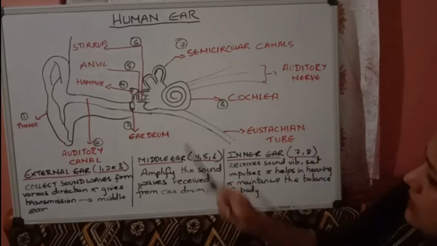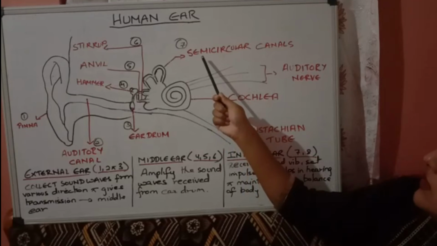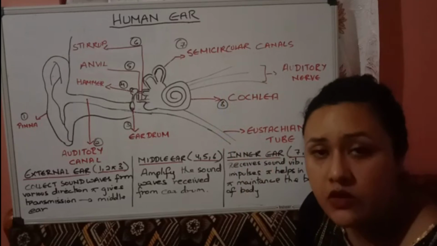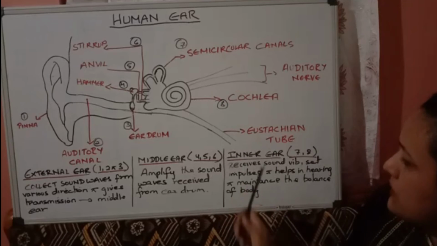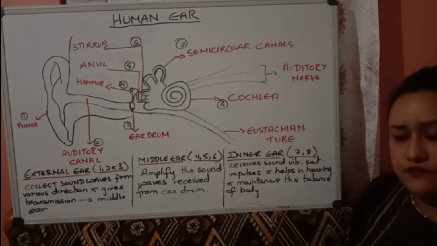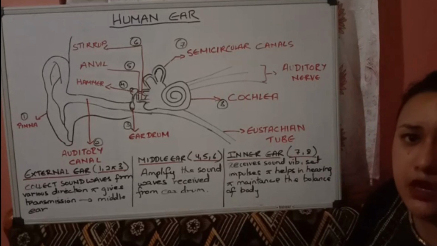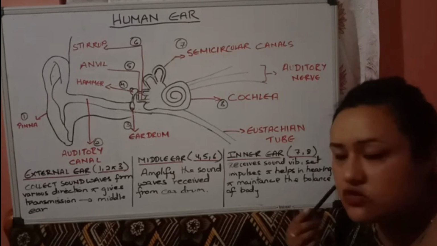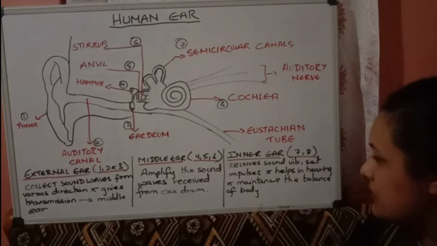Then comes the inner ear. It consists of the semicircular canals and the cochlea, and it also contains the vestibule. The main function of the inner ear is that it receives the sound vibration, sets up impulses, and helps in hearing. The inner ear is the main site of hearing, so you should remember that.